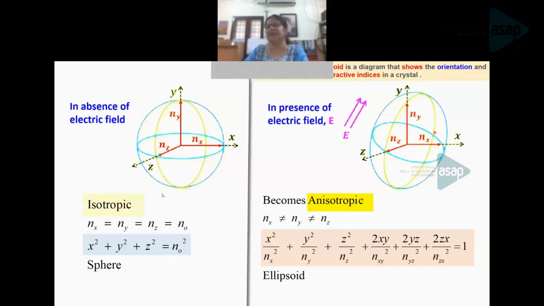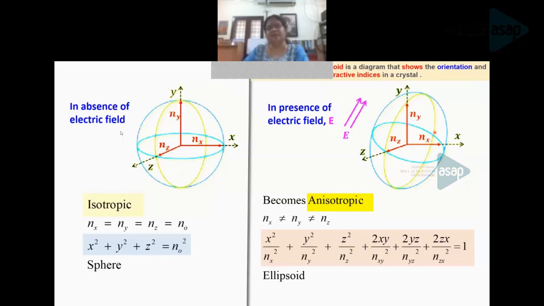We know that for an isotropic crystal, there is no birefringence. The light travels with the same velocity in all directions. Therefore, the refractive index in the X direction is equal to that in the Y direction and equal to that in the Z direction, which is equal to n_o, that is for the ordinary ray. So the equation for this index diagram is that of the sphere: x square plus y square plus z square equals n_o square.